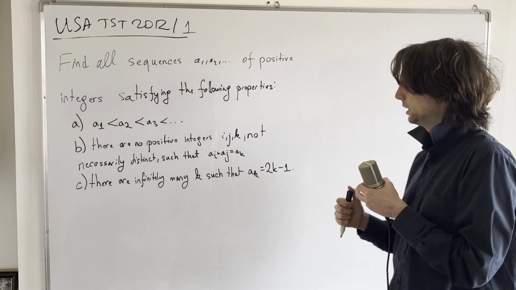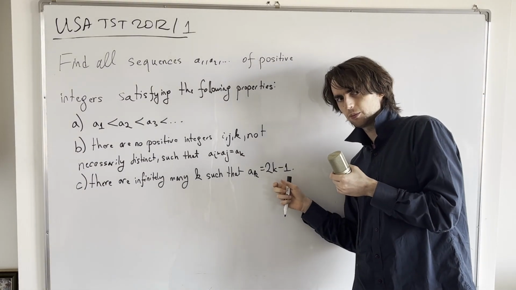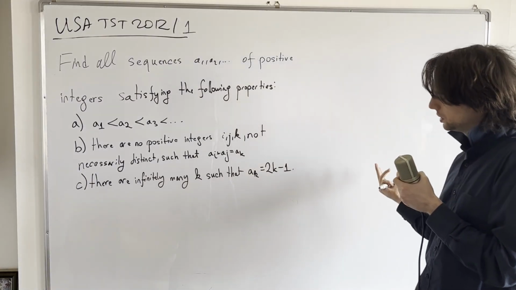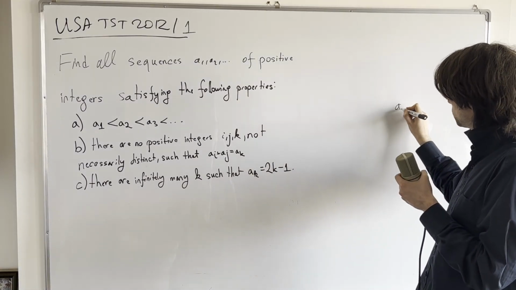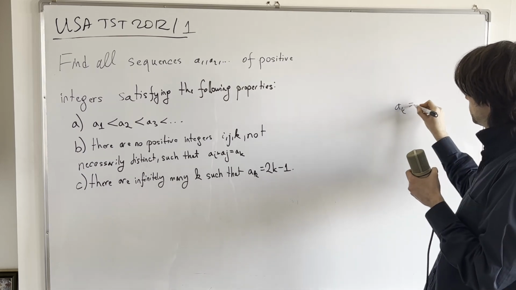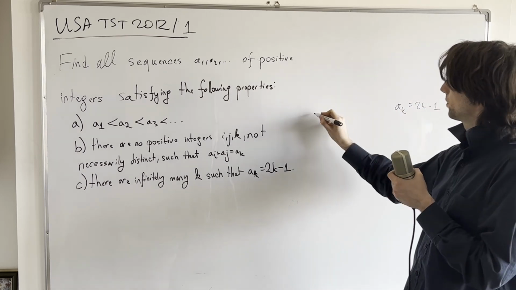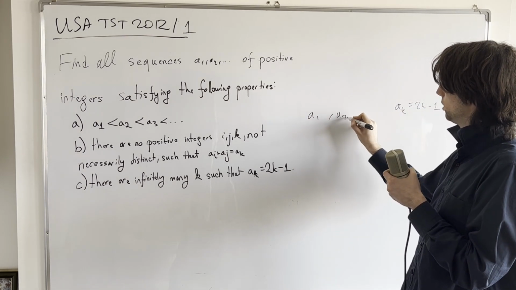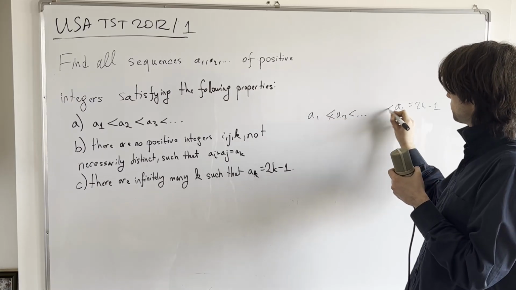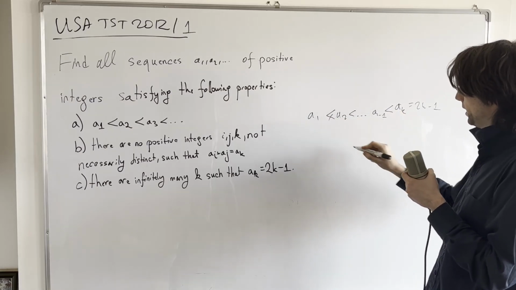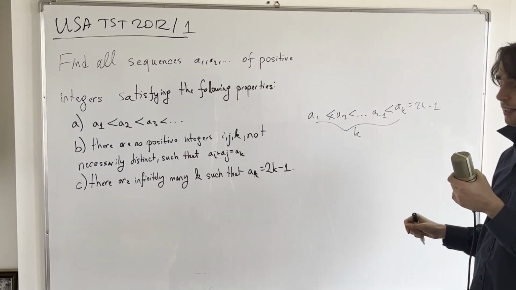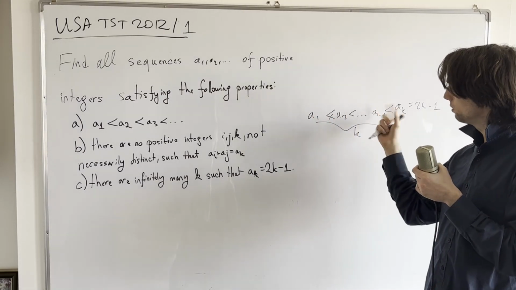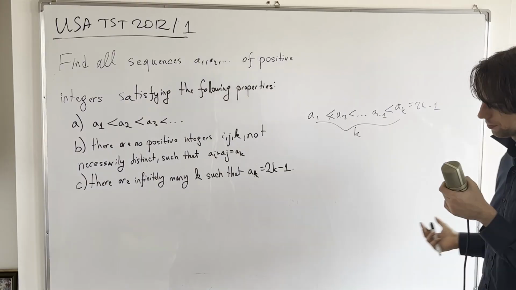What's this condition really telling us? Well, once we get this a_k, such that a_k is 2k minus 1, all the other numbers, a_1 less than a_2, less than a_{k-1}, less than a_k, we have k numbers here, and no two of these sum up to a third.